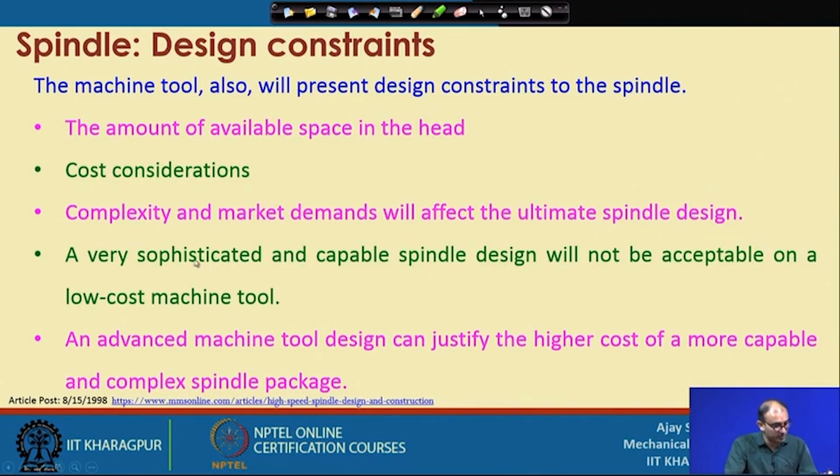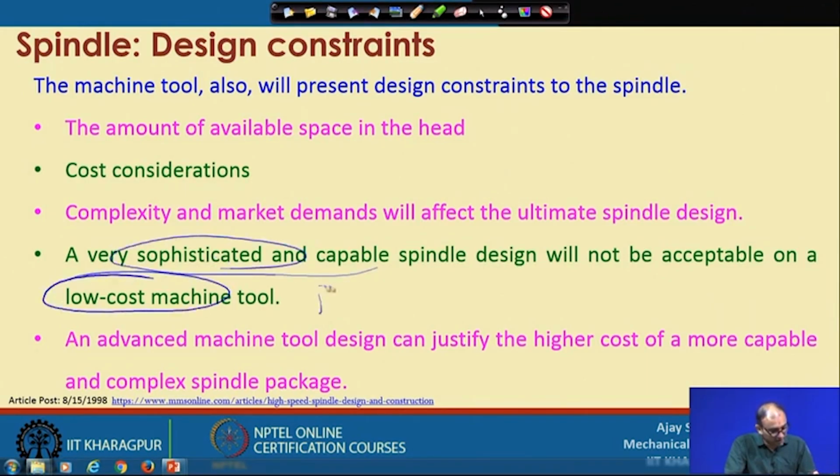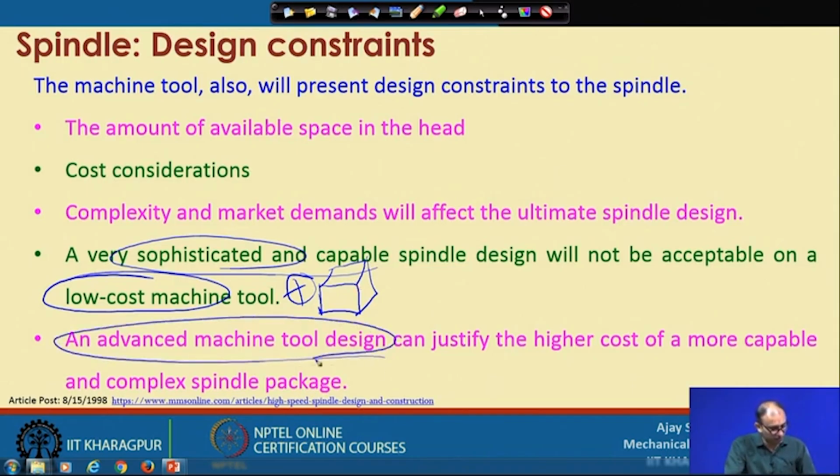But if you put a sophisticated spindle in a low cost machine tool, you cut one component, and finally you find that the dimensions are not exactly as per the required drawing, then there is no way of doing any satisfactory work out of it. That means you have to find an advanced machine tool also, and only then can you find the suitable spindle design for that.